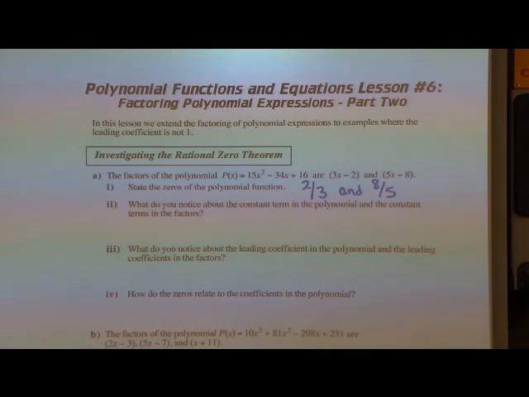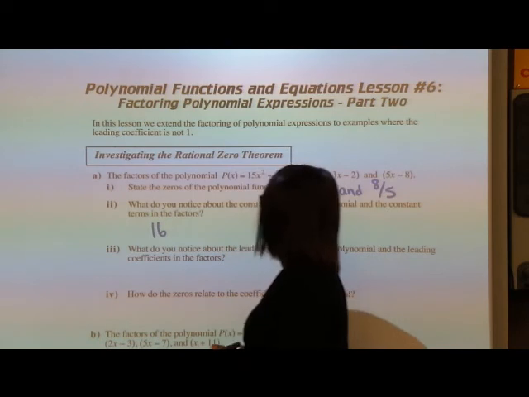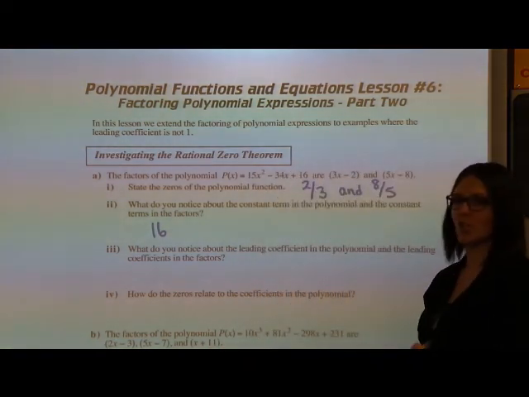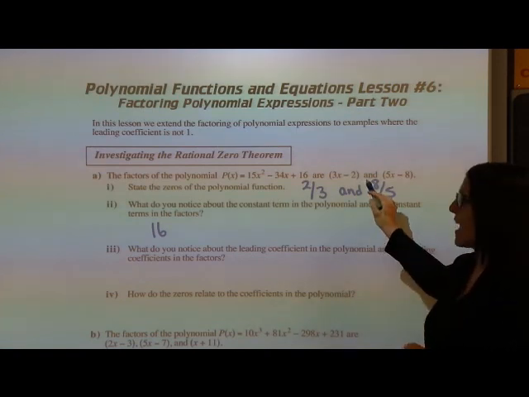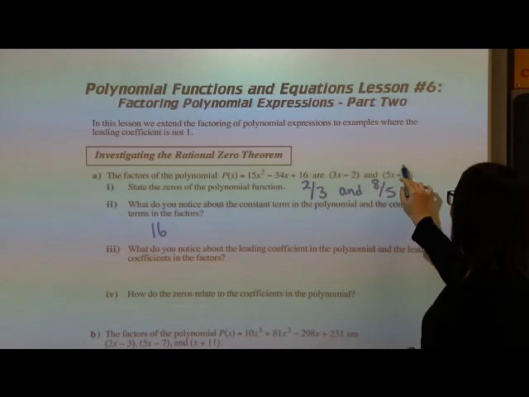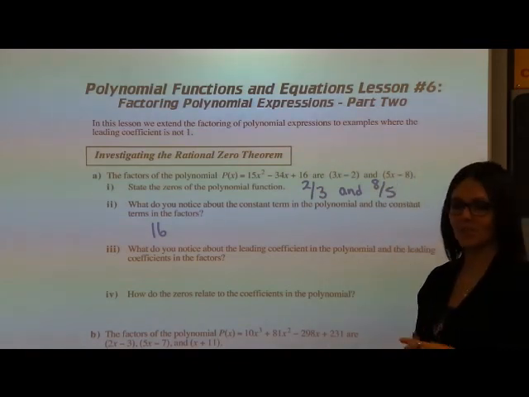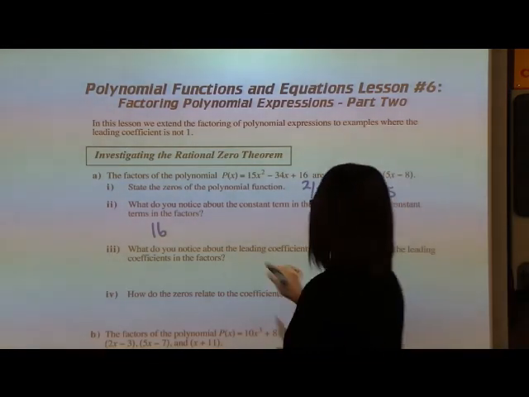It says, what do you notice about the constant term in the polynomial, which is 16, and the constant term in the factors? So if I look at the constant terms in the factors, which are -2 and -8, what do you notice? Multiply them together equals 16. Okay.